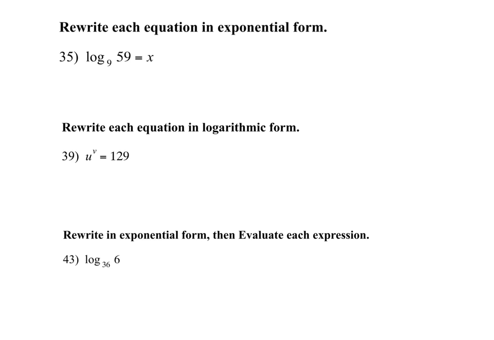If I want you to rewrite it to exponential form, that means I want this number group to look like this group. And if it says rewrite to log, I want you to make this group look like the log group. You're just rewriting. Your bases will always be bases. So this is my base. It will be the base of my exponent.